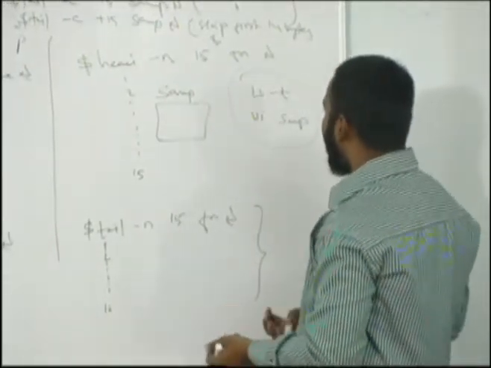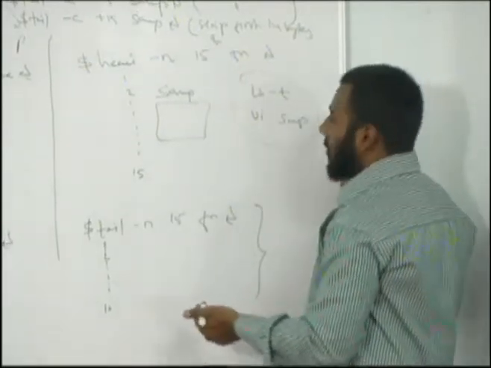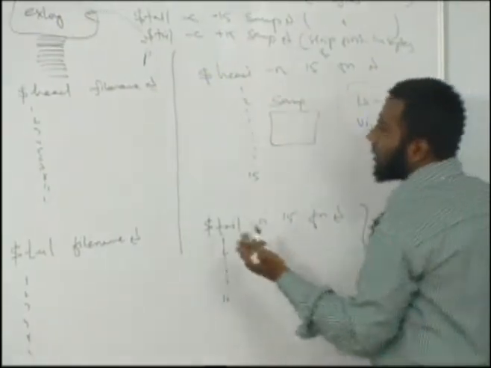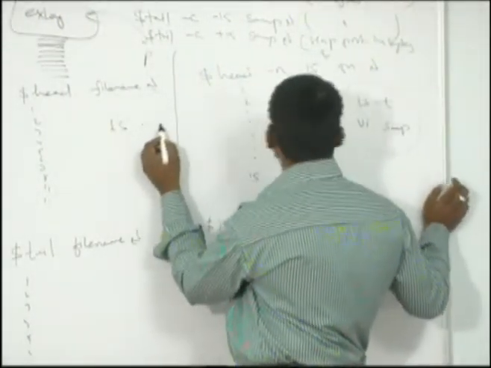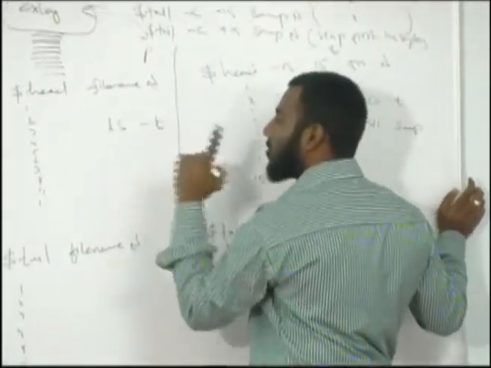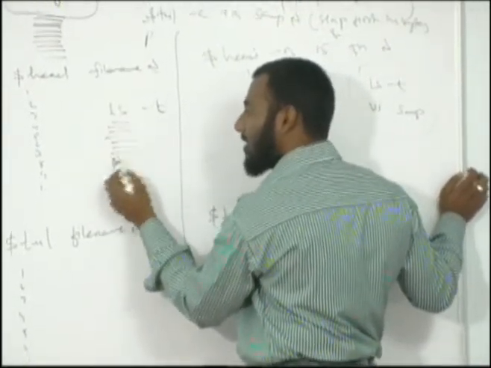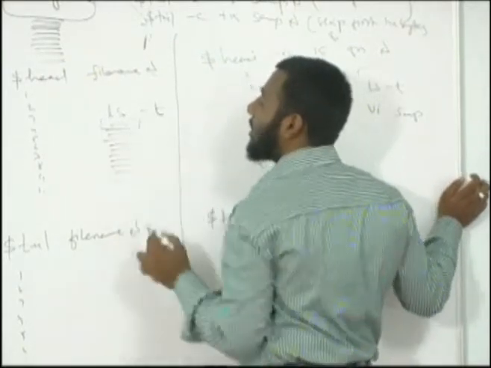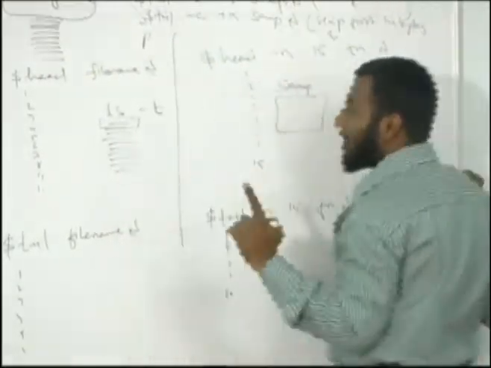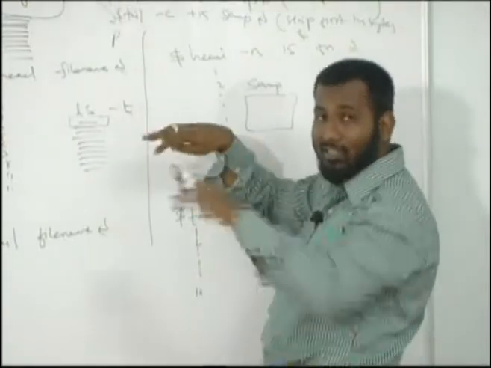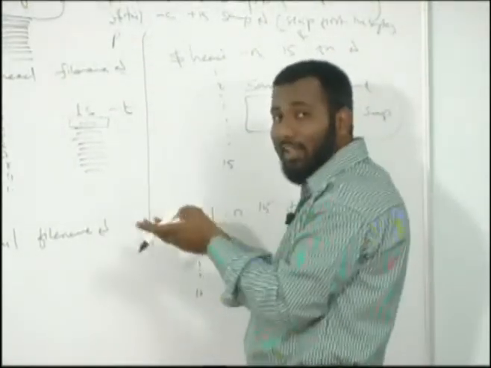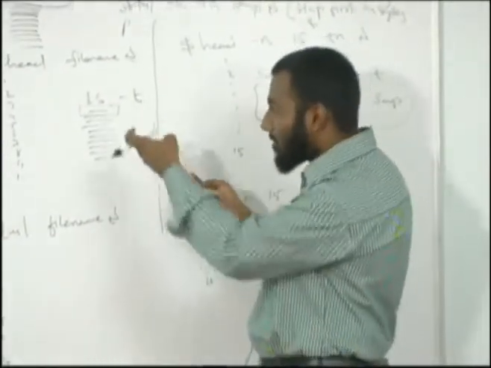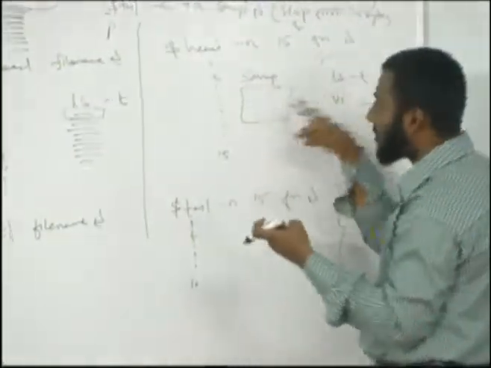How can we do that? When we use ls option T, it is not giving only one file, it is giving a list of files. But I am interested only in the first line, because the first line is the name of the file which was last modified.